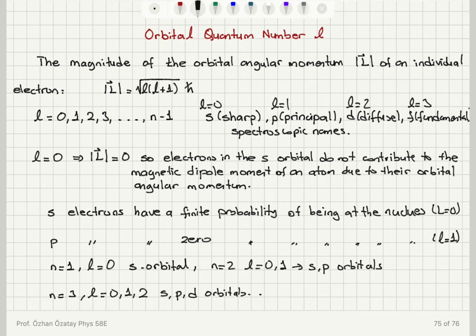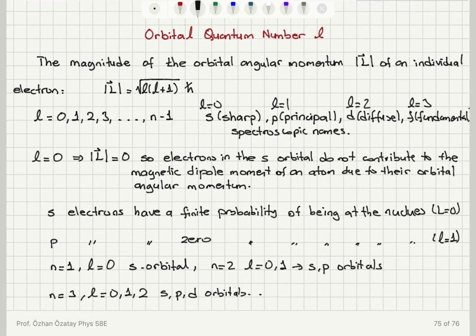These are spectroscopic names: sharp, principal, diffuse, and fundamental. And notice that L equals 0 implies 0 angular momentum magnitude. So electrons in the s orbital have a finite probability of being at the nucleus. However, this is not true for any other orbitals: p, d, f.